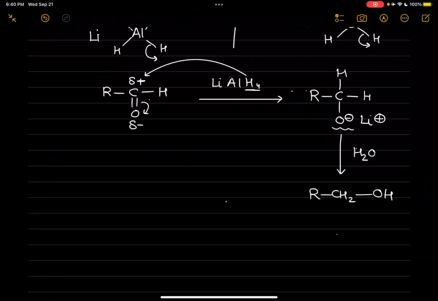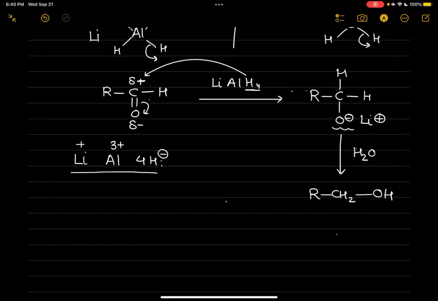Yeah. Actually, this LiAlH4 is Li plus, aluminium 3 plus, and think of it as 4 H minus. If you add the charges, it is going to be neutral. These H minus which are there on the aluminium come and join on the aldehyde, and the double bond of the aldehyde will get shifted to O minus.